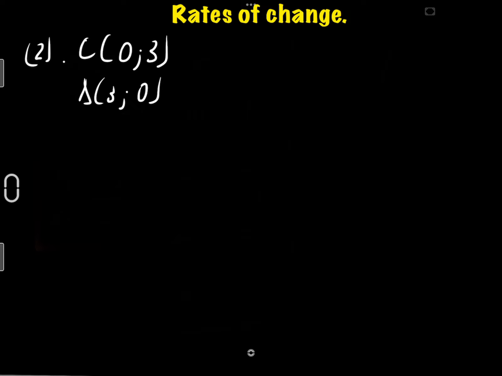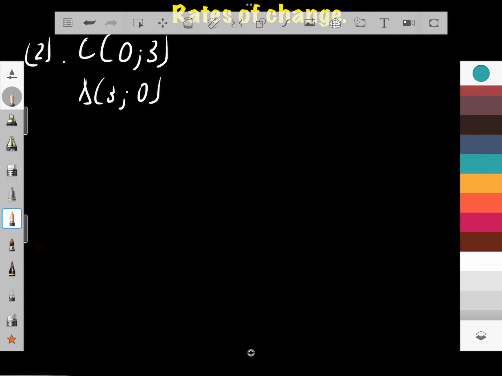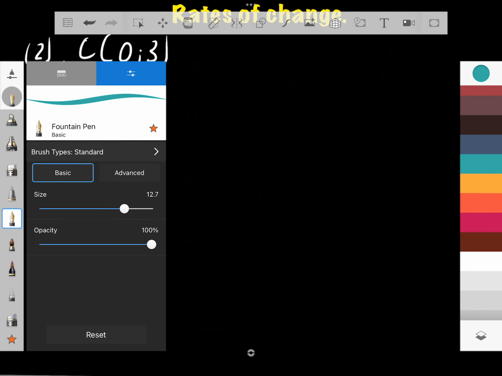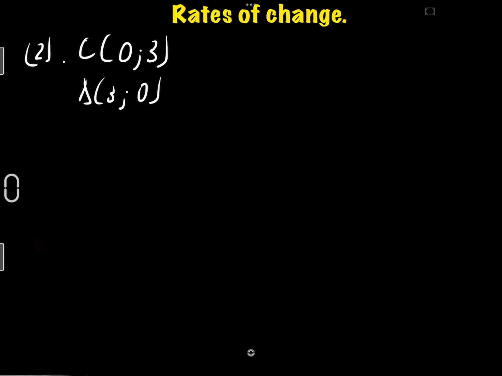Likewise, when you are to determine the gradient, we simply say m is equal to the change of y over the change of x.